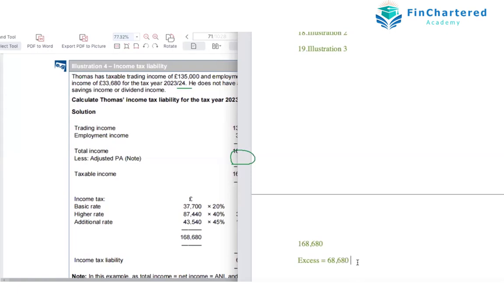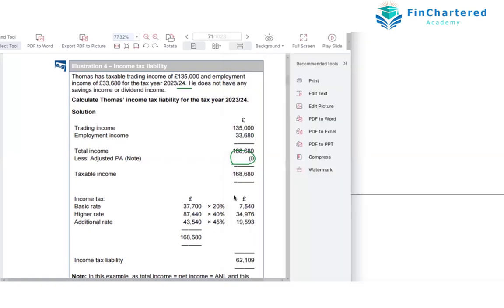For this 68,680, again, we will reduce the personal allowance by 50%. So 50% of 68,680 will be 34,340, which is anyway more than the personal allowance. So in this case, personal allowance will drop to 0.